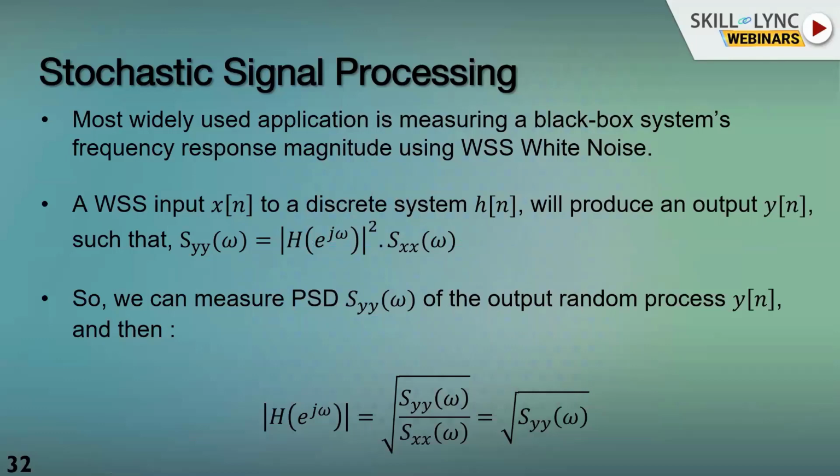So what we do is we provide WSS white noise to the system, and then we measure the power spectral density of the output of this system. The expression which I have shown here is true only for a WSS or wide sense stationary input to an LTI system.